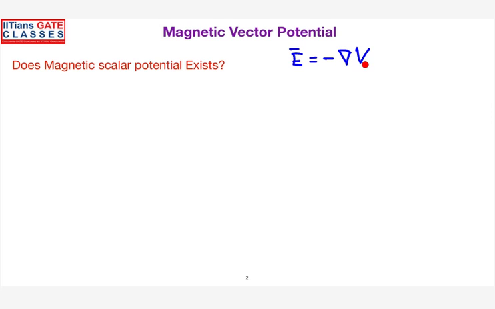So what is this potential? Is it a scalar or a vector? In electrostatics, scalar, sir. Scalar. So similarly, when I define the magnetic field intensity, it is also the gradient of a scalar potential. So we can say this Vm is the magnetic scalar potential.